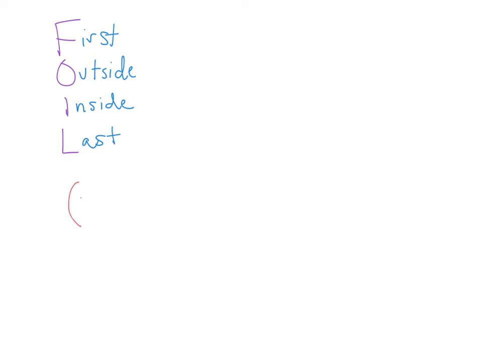So 2x plus 3 times 4x plus 1. We're going to do first, outside, inside, last. I kind of draw arrows for this. The firsts are multiplied together. 2x times 4x is 8x squared.